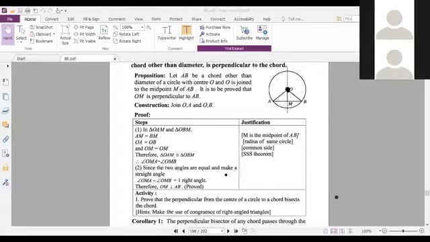If OAM and OBM are congruent, we can easily say that OMA and OMB are equal because AB is a straight line and this is a straight angle. If this straight angle is divided into two equal parts, each part must be 90 degrees. That's why we can say that OMA is equal to OMB.